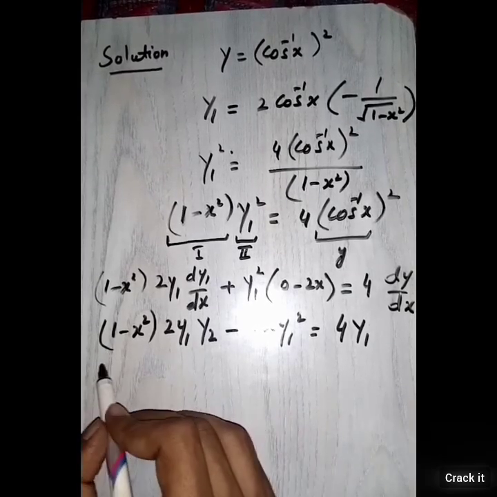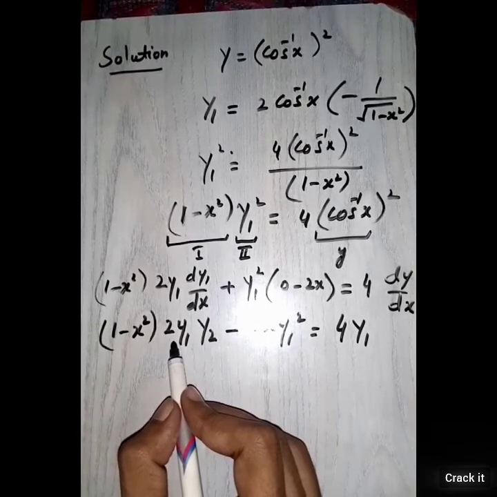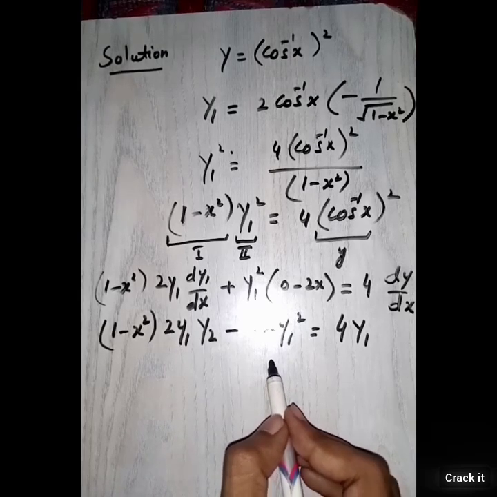Now as we can see on this side of the equation, 2y1 can be taken out as common, so that is what we will do here.